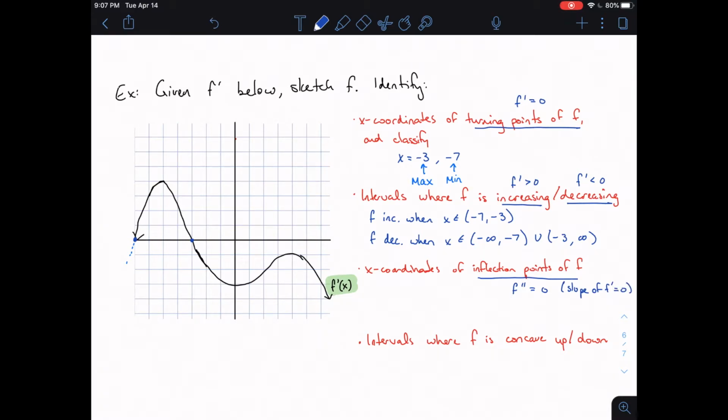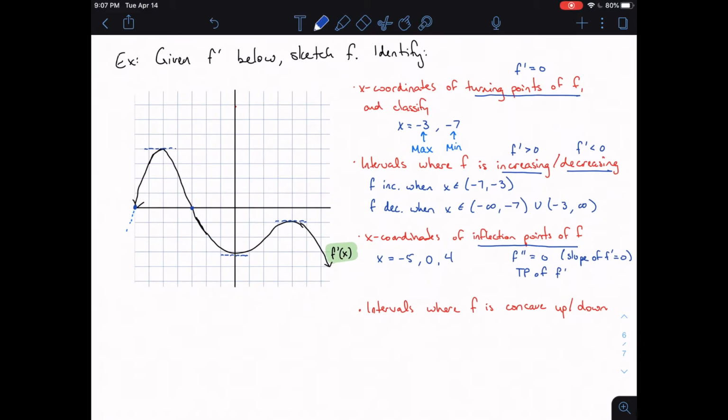So that would be here, and here, and here. Those look like approximately -5-ish, 0, and 4. So they're my turning points of f prime, but they are my inflection points of the entire function. So I should have a change in concavity there.